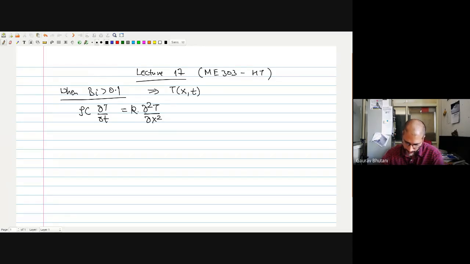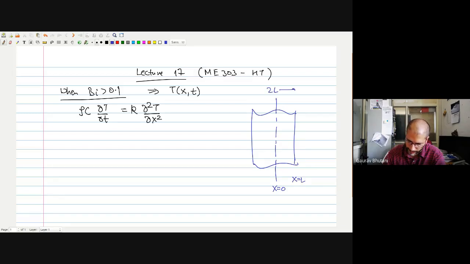We were trying to solve it for a situation where you have this bar. This is the center of the bar, so the center is x equal to 0, and the bar size is twice L. There's convection happening at the boundaries, where the temperature of the fluid is T infinity, cooling the hot bar, and the heat transfer coefficient for convection is h.